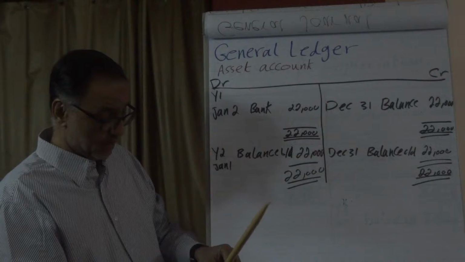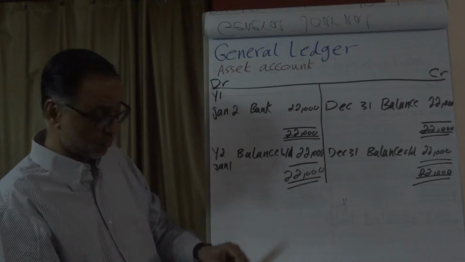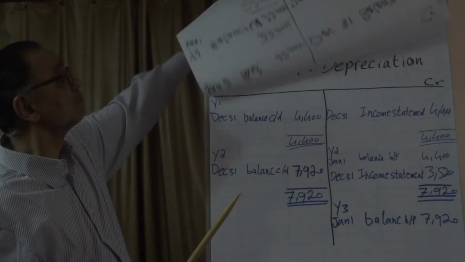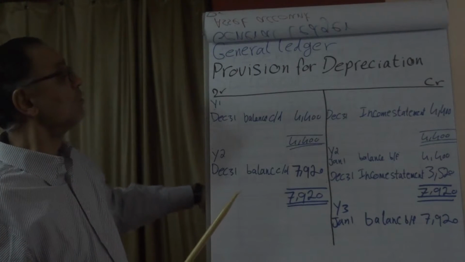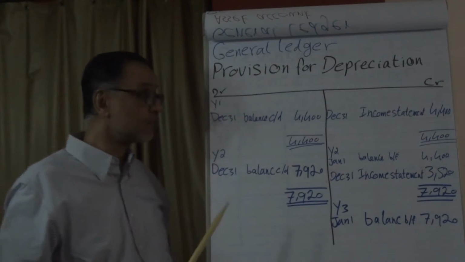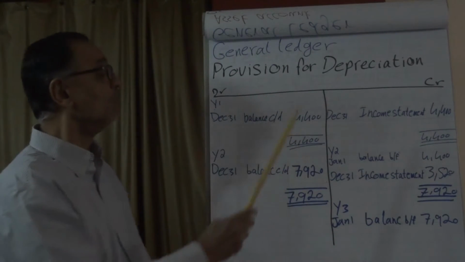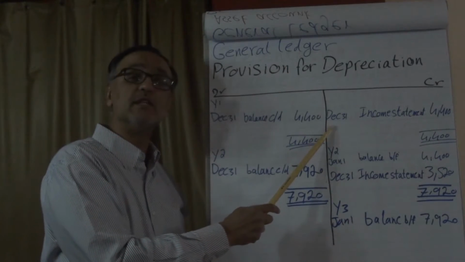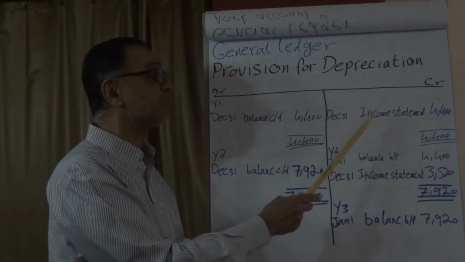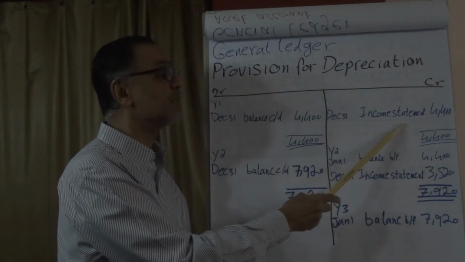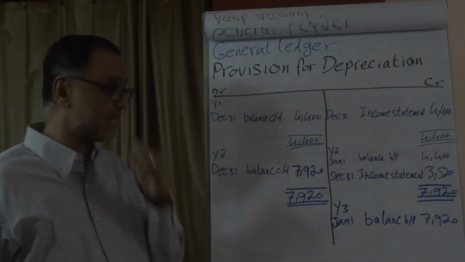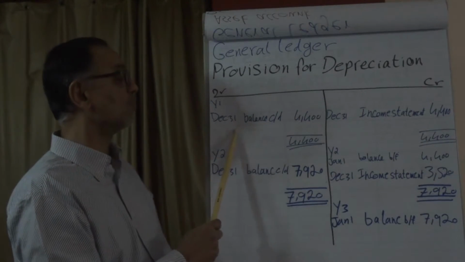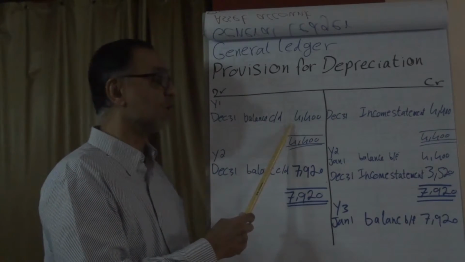Now we go to the ledger account for provision for depreciation. In the first year, we have the first entry on December 31st, a credit coming from the income statement. The income statement was the debit, 4,400. And the same thing, we do the balance carried forward on December 31st, 4,400.